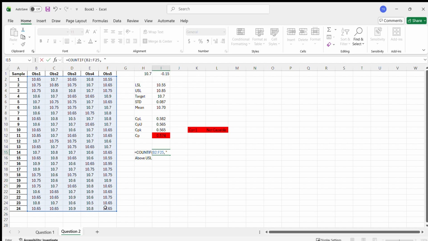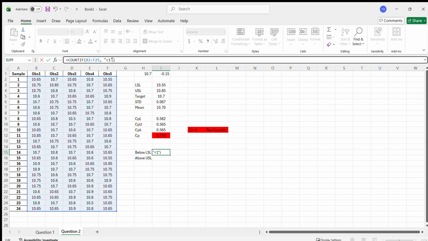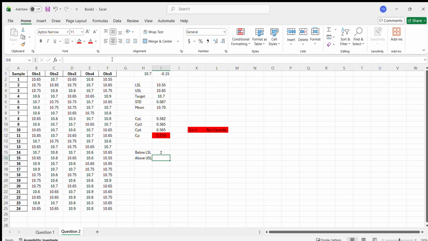You do the criteria, which is less than 10.55. And let's see what this comes out to. 0. Up here, right? Let's just type it in, see if it comes out any different. 2. There we go. Okay, so 2 of these numbers are below 10.55.